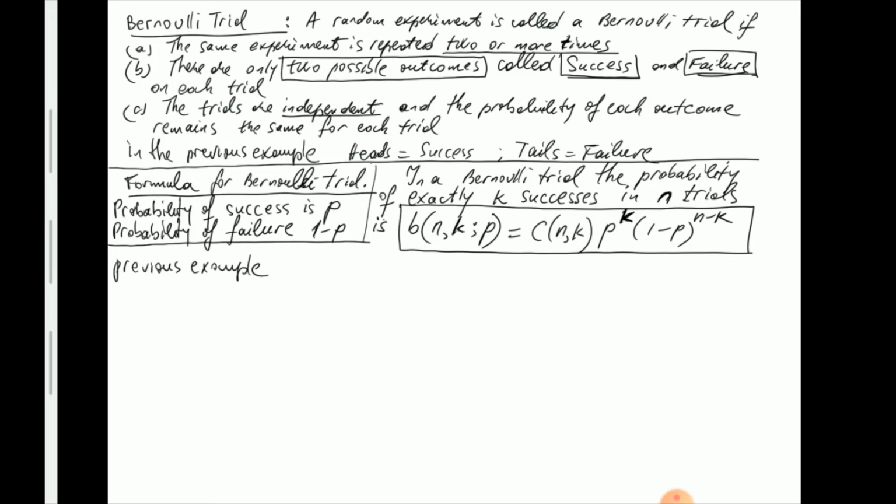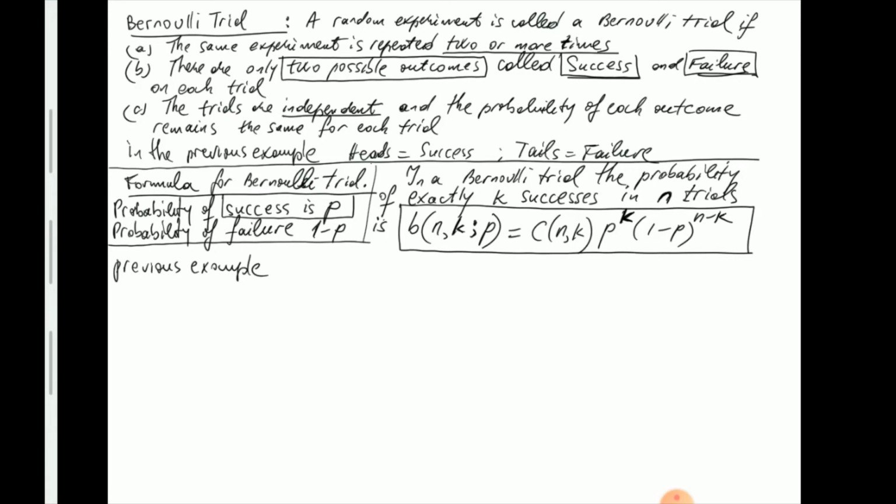K represents the number of successes you're looking for. So if you're asking, for example, if I obtain 3 tails or 3 heads out of 7 trials, then K will be 3, the number of successes. After the semicolon, we put the number that represents the probability of success, which is denoted by P in the formula.